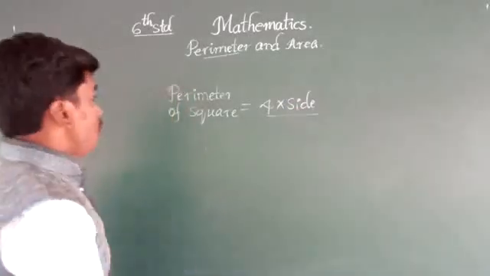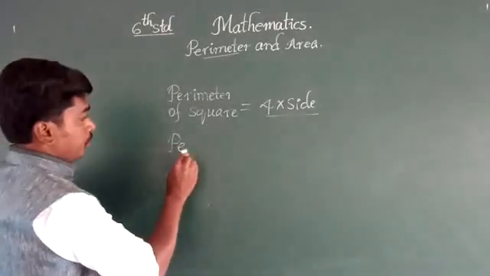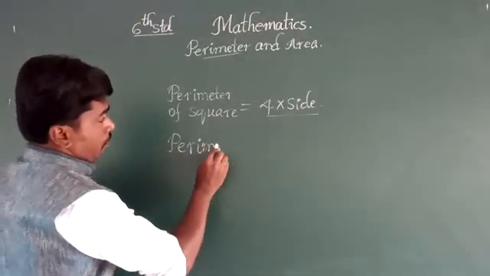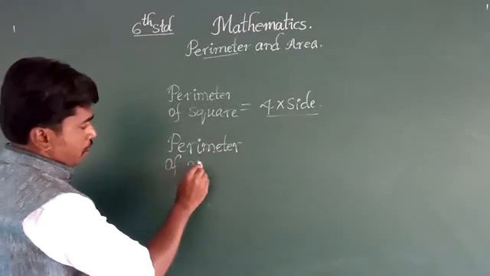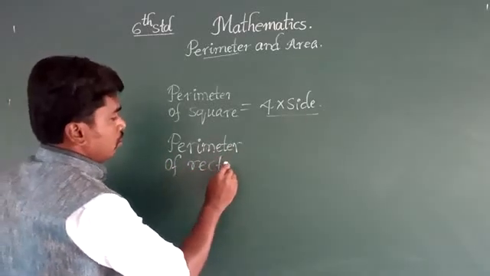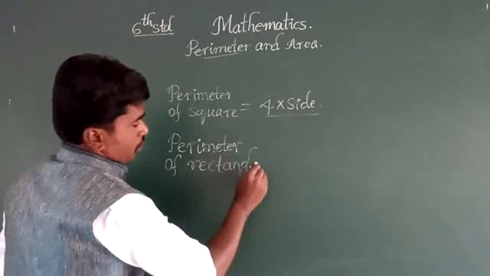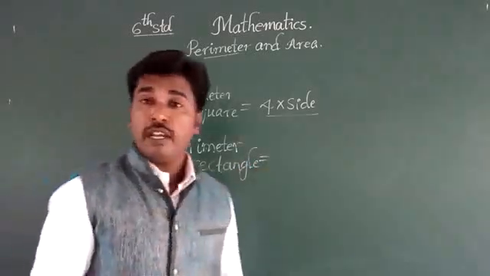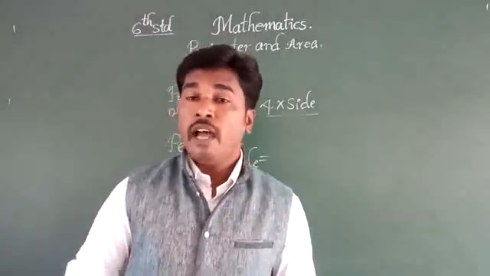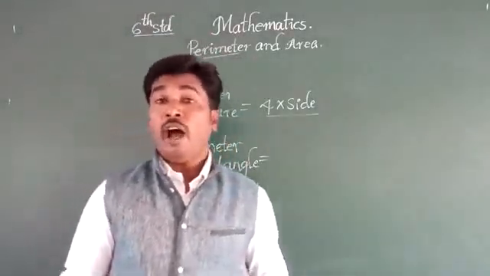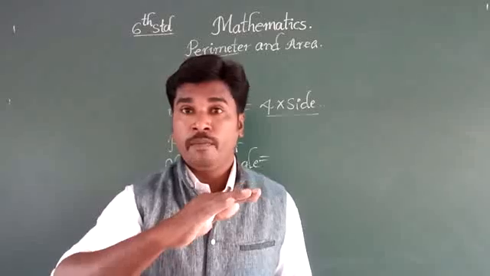Next, perimeter of rectangle. Dear children, here also, perimeter of rectangle. A rectangle is also an example of a closed figure, and in a rectangle opposite sides are equal.